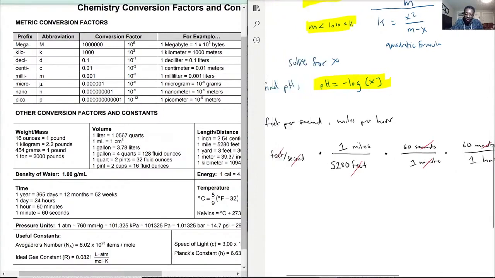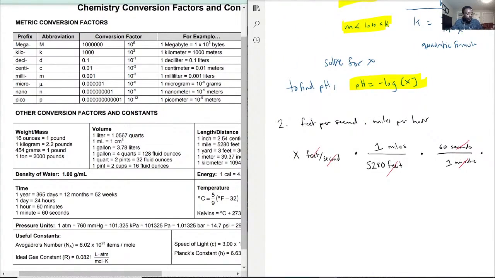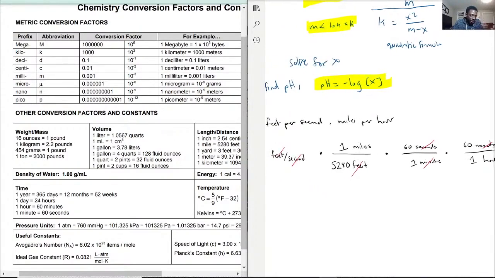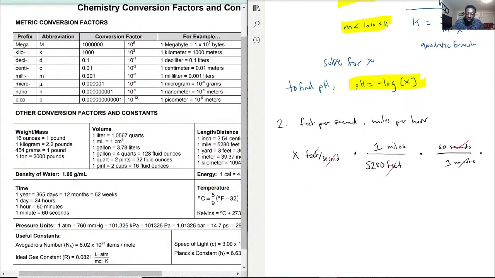And if we do the math, okay, it's going to be 60 times 60 divided by 5280. So with that being said, x feet per second becomes 0.68, let's just round there, x miles per hour.